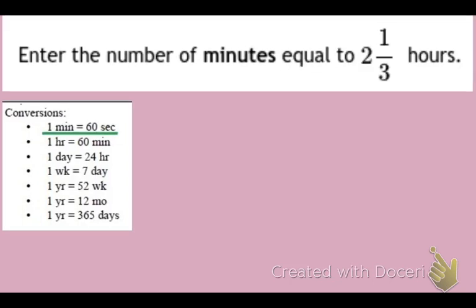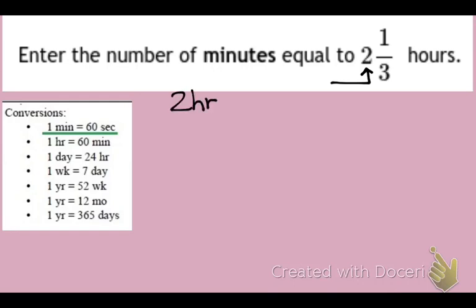Now we have a mixed number. So let's do this one together. Let's take this piece by piece. If we take a look at just our whole number here, just our 2, this is something you can probably do in your head as mental math. So 2 hours, that's what that 2 stands for.